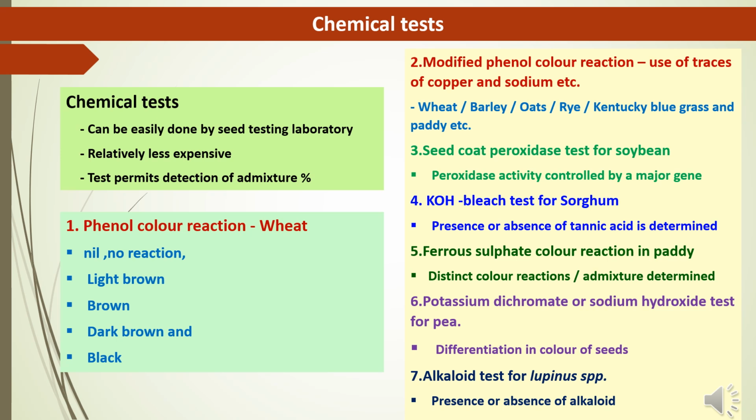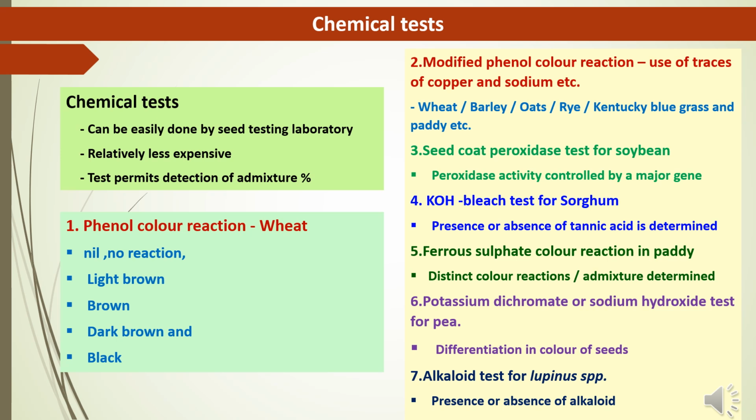It is high when the dominant allele is present and low when the homozygous recessive allele is present. Since the individual seed is examined in this process, the admixture of seeds of high activity varieties into low activity varieties and vice versa can be accurately determined.